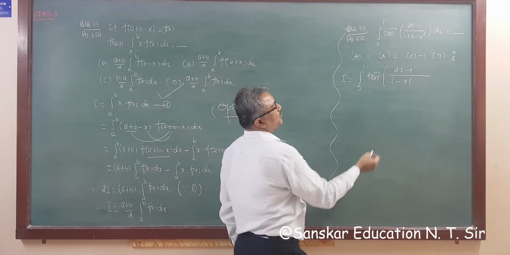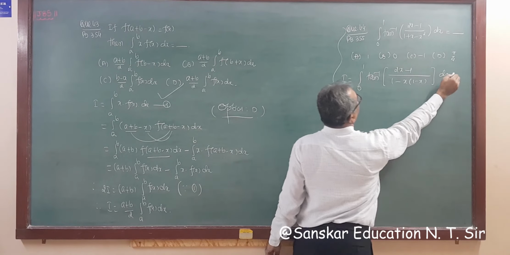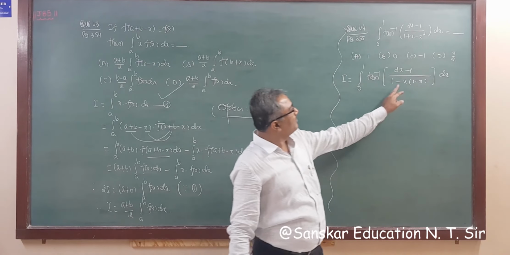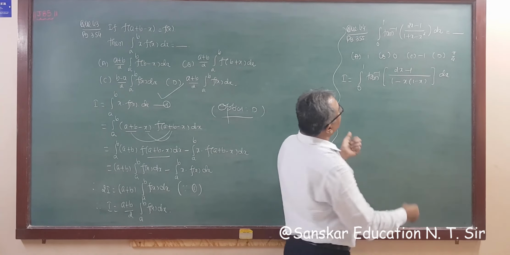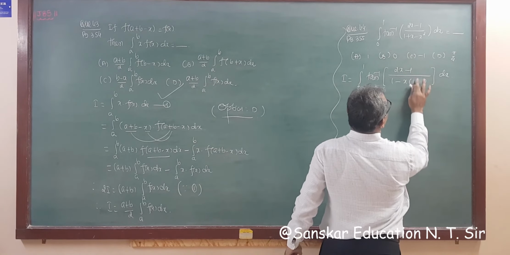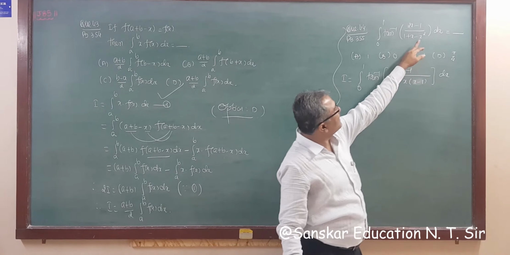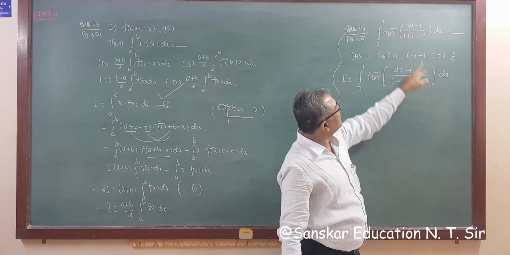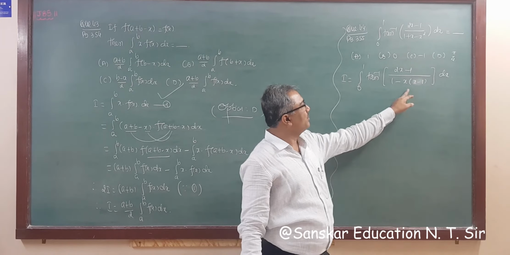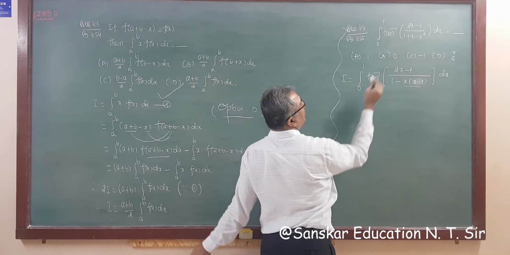So if I take x common, this is 1 minus x and dx, right? Minus x, so we need plus x. What do we have to write? x into x minus 1. If we take minus x common, then this is x and minus 1, so minus x square minus minus plus x.